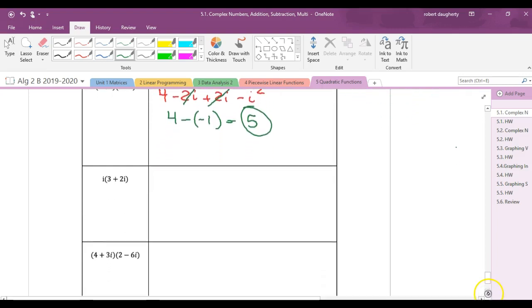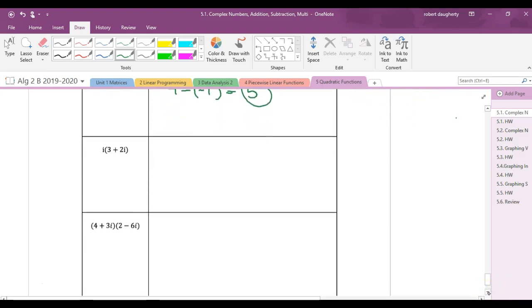Let's look at the next one. How do you think I multiply this? I distribute. So what happens when I multiply i times 3? You want to get in the habit of writing 3i, not i3, okay? You don't ever write x2, you write 2x. So 3i, and then what happens when you multiply i times 2i? Plus 2i squared.